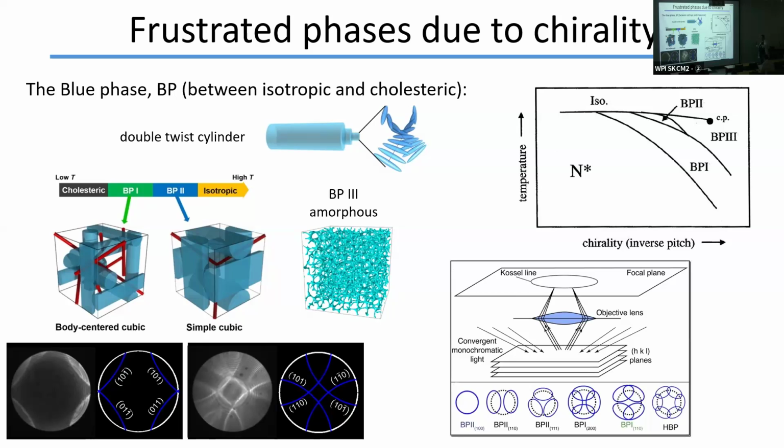So not everything is in focus, your focal plane will be out there, and you get different figures depending on your blue phases and the different Miller indices and so on of your structure. So you can check what kind of blue phases you have.